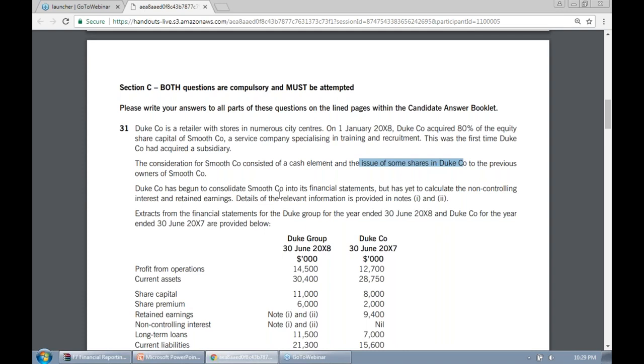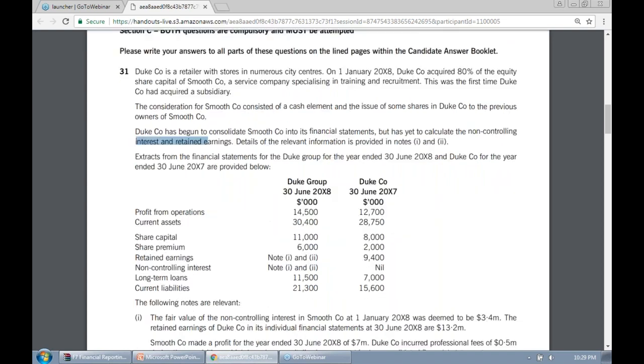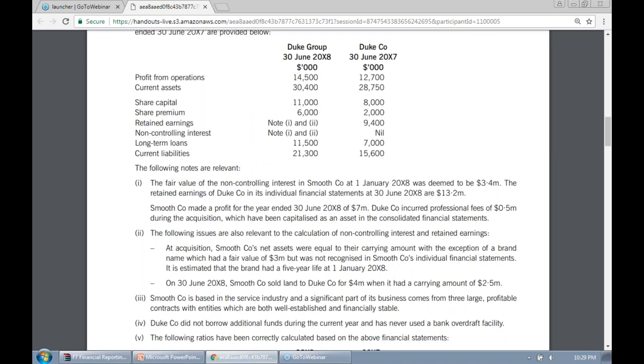Duke has begun to consolidate Smooth into the financial statements, but it has yet to calculate the non-controlling interest and NCI retained earnings. So all of you are required to calculate retained earnings and NCI. We have already studied this. Now, the fair value of the non-controlling interest in Smooth at 1st June 2003 was deemed to be 3.4, and the retained earnings in its individual financial statements are 13.2.